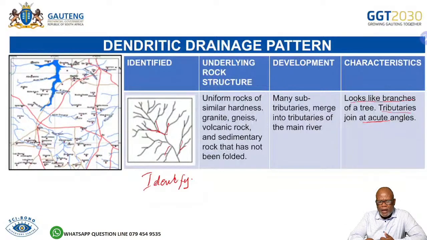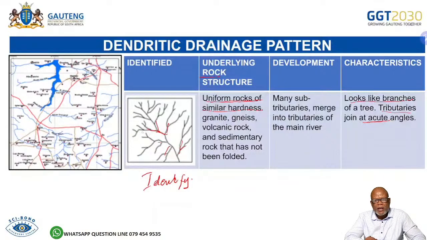And now, where do we find these streams? What is the underlying rock? So that question can be, where do we find this kind of streams? That question is, describe the underlying rock. The area has uniform rocks of similar hardness. So here, the rocks have similar resistance to erosion.